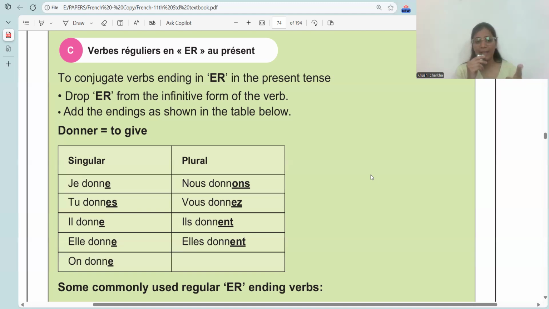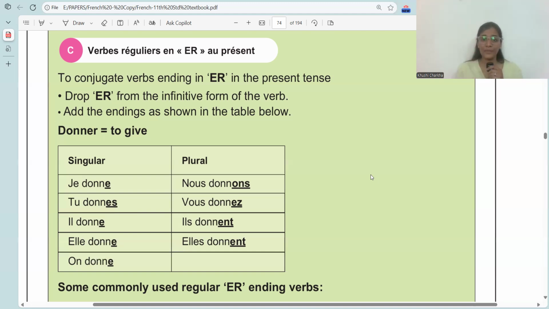E, ES, E, ONS, EZ, ENT. Je, E. Tu, ES. Il, elle, on, E. Nous, ONS. Vous, EZ. Ils, elles, ENT. Repeat after me: E, ES, E, ONS, EZ, ENT.